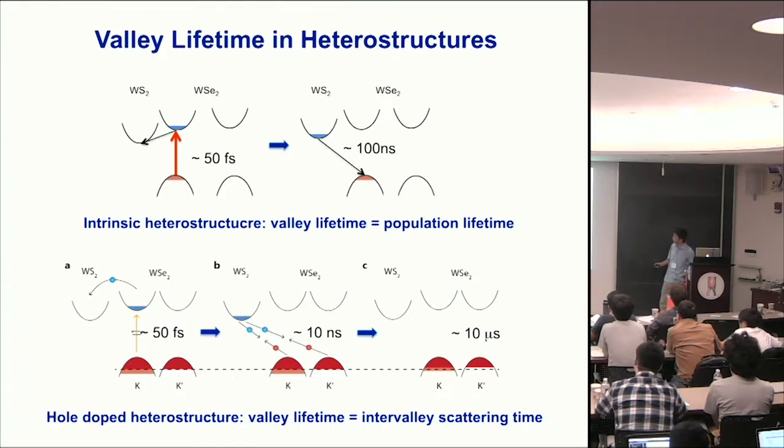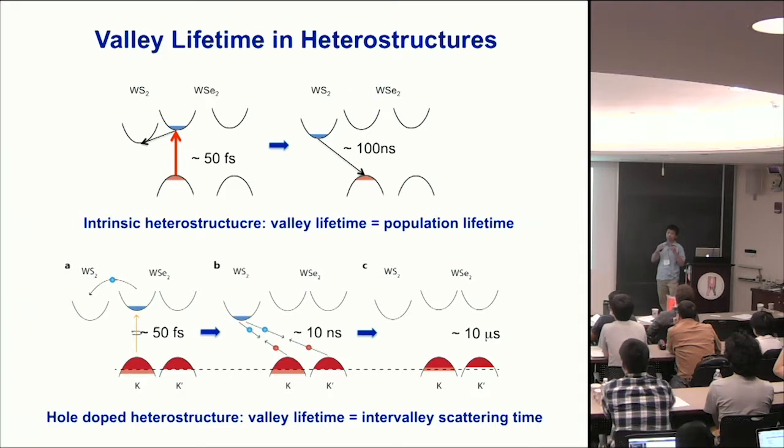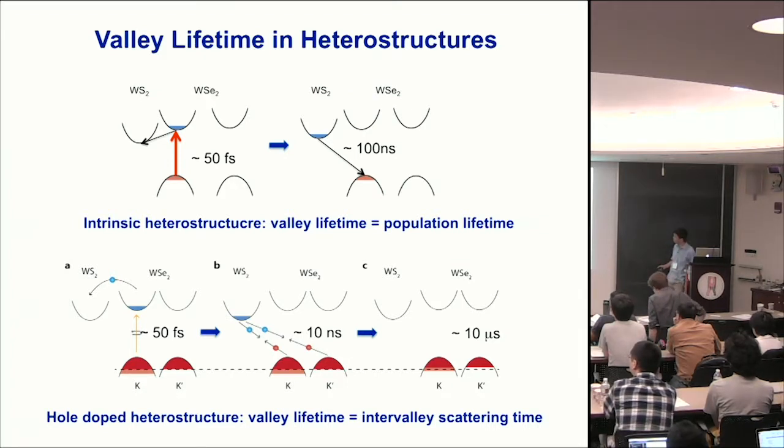So even after the population decay, when all the recombination has happened, you are left with a net population difference between the K valley and K prime valley. The total charge density remains the same, but now you have created a valley imbalance: more holes in the K valley and fewer holes in the K prime valley.